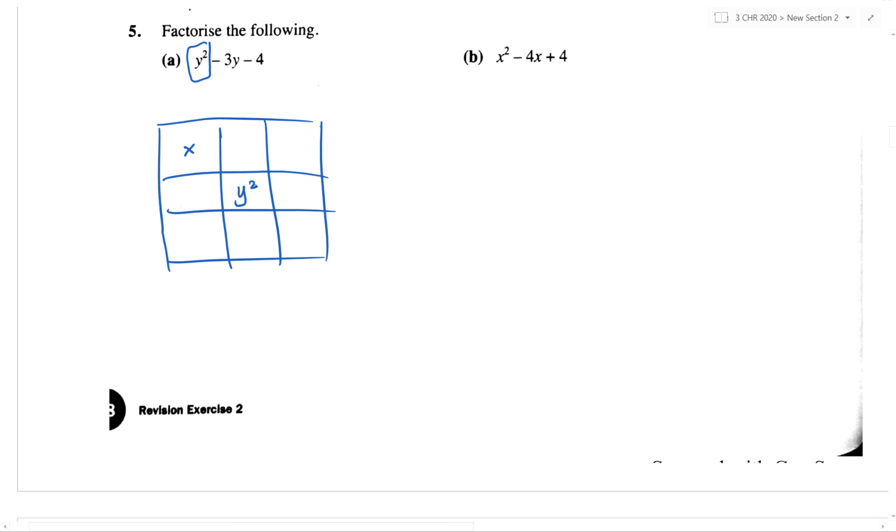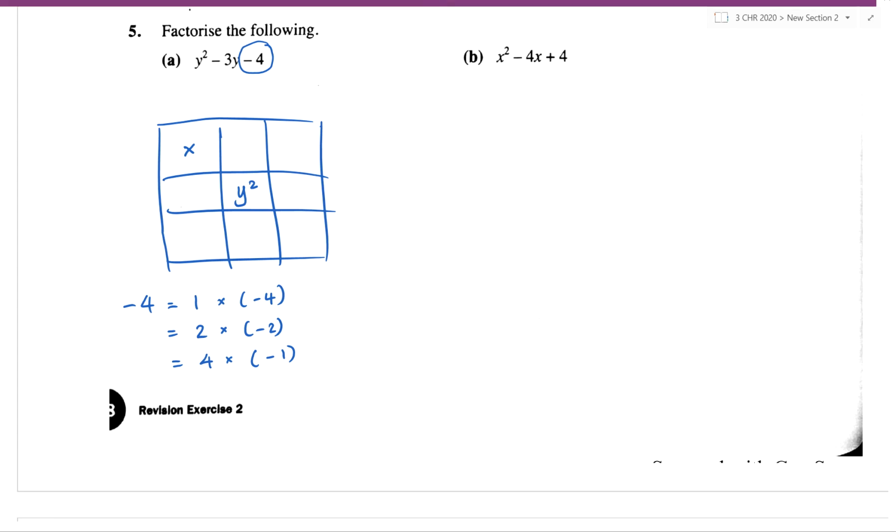Next, we are going to write down our factors for negative 4. So negative 4 is equal to 1 times negative 4. There is another option which is 2 times negative 2. There is another option which is 4 times negative 1. Okay, so these are our options that we have.